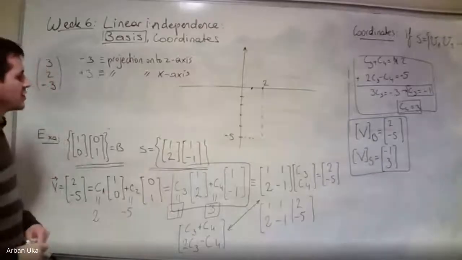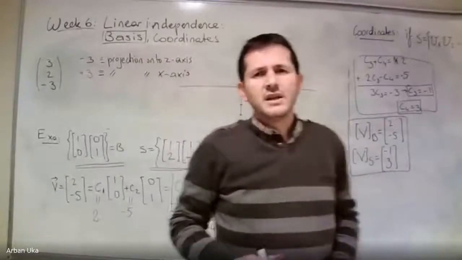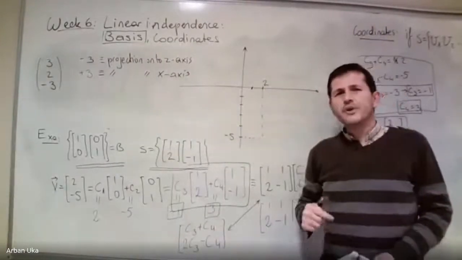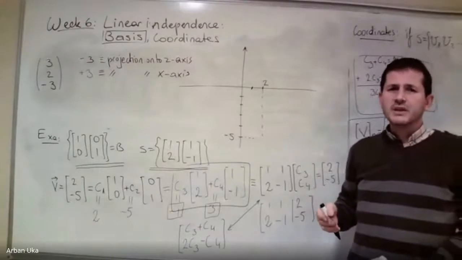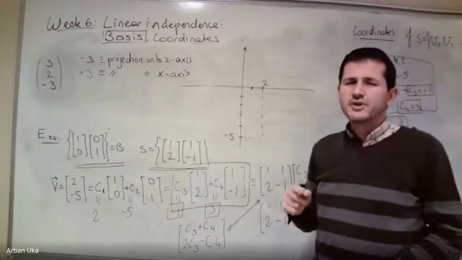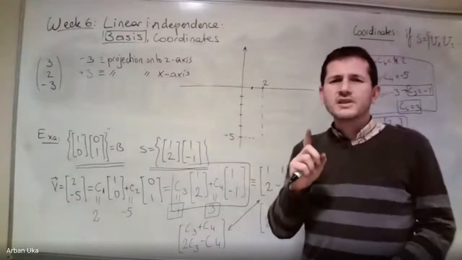In the definition that we wrote here, that I just erased, it was specified that if we have a basis, then the projection of any vector can be described in a unique way, which means in a single way. So there is only one set of coordinates for each basis.